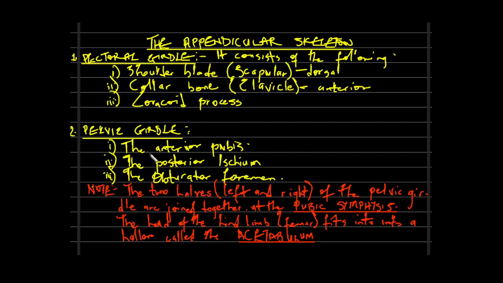For the pelvic girdle, we have the anterior pubis, the posterior ischium, and the obturator foramen. We talked about the pubic symphysis as the joint between the right and left halves of the girdle, and the head of the hind limb that fits into the hollow called the acetabulum.